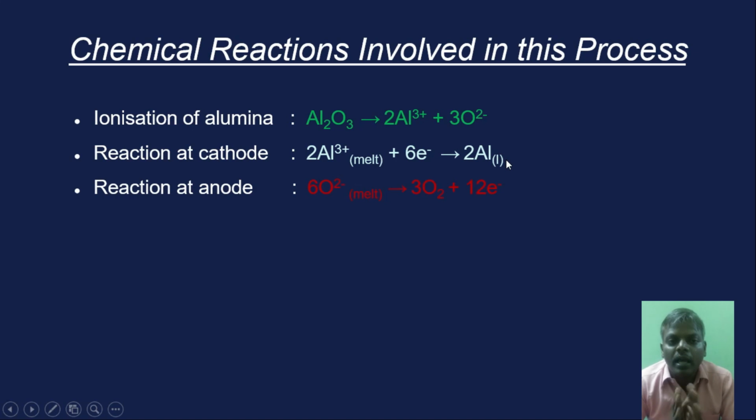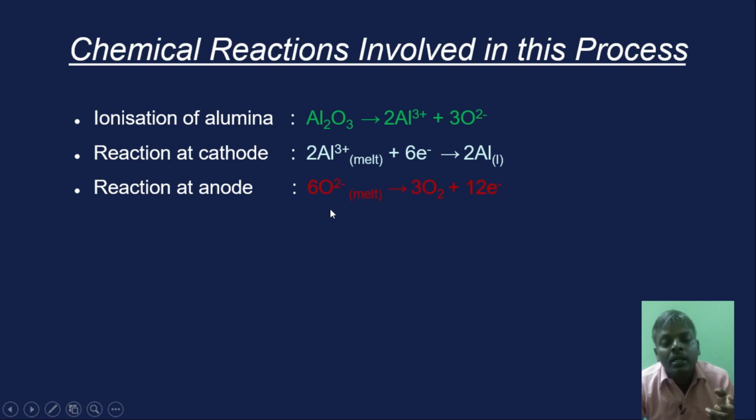Similarly, at the anode, oxidation happens. Here 6O2-, which is present in the molten solution, will lose 12 electrons and thereby become 3O2 gas. This is the reaction taking place at the anode.